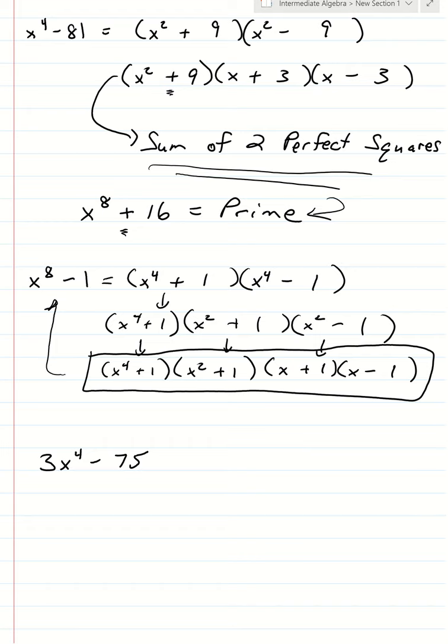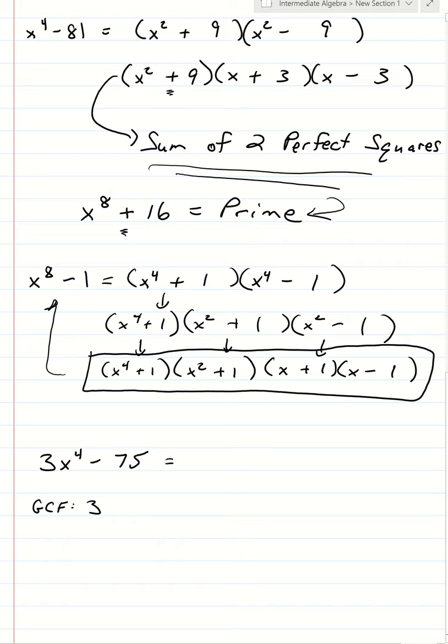Yes, step 1 is done. It is already in descending order. Step 2, the leading coefficient is positive. However, step 3, if you forgot about step 3, you'll get this problem wrong, because step 3 tells us that we need to factor out any greatest common factors. And in this particular problem, there is a greatest common factor, and it happens to be the constant 3.